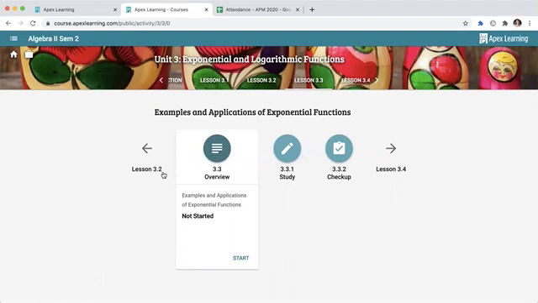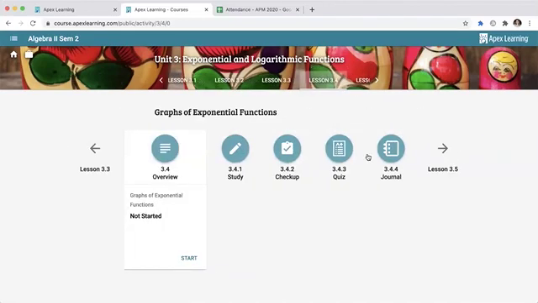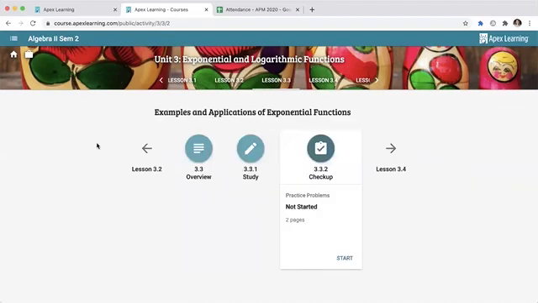So at this moment you've got 3 quizzes and 1 extra credit opportunity. If we get to 3.4, there's another quiz and an extra journal, which is extra credit. But let's see how far we get.